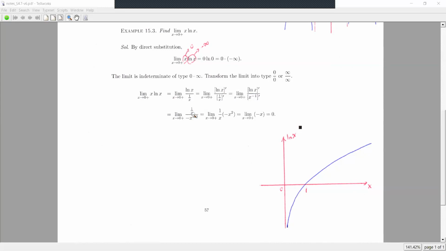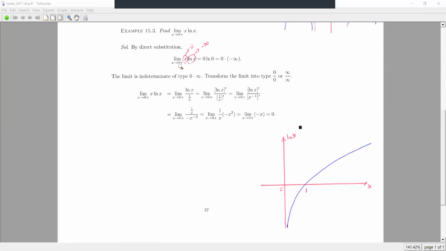Okay, now simplify this function. x to negative 2, I can move it to the numerator to get a negative x squared. Cancel one x, then I get this limit. Now, direct substitution. Plug 0 in for x, then we get 0. So this limit is 0.